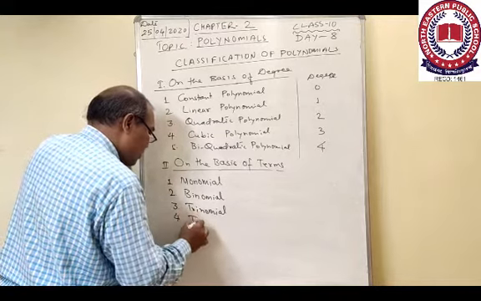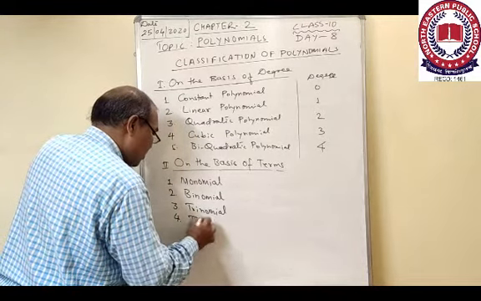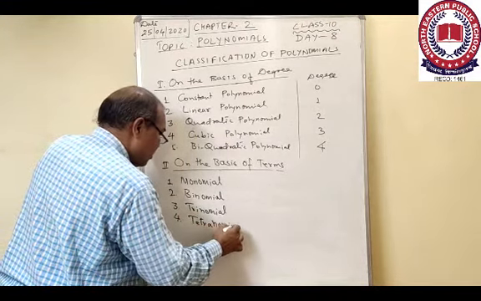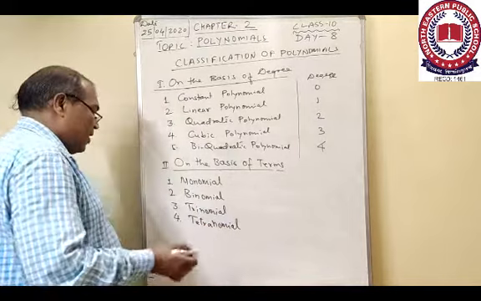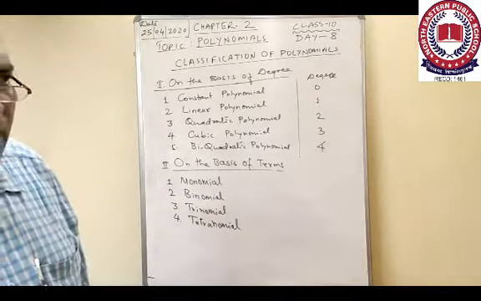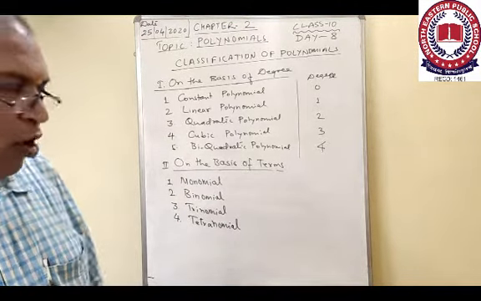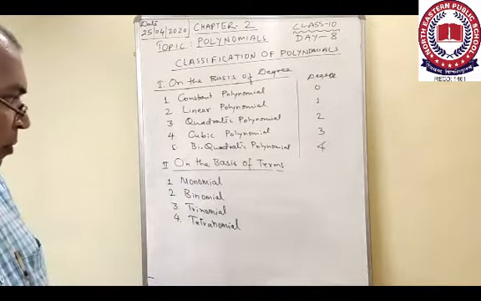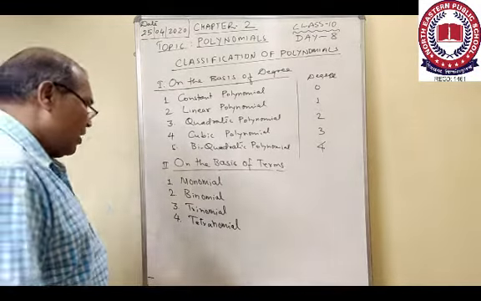Fourth, tetranomial. There are many more, but mostly we use these: pentanomial, hexanomial, heptanomial. There are many polynomials defined on the basis of the terms.